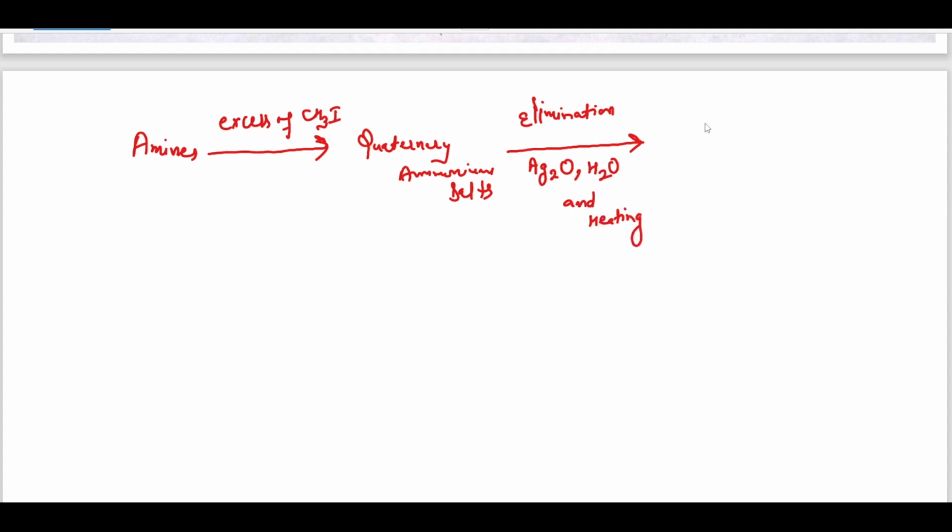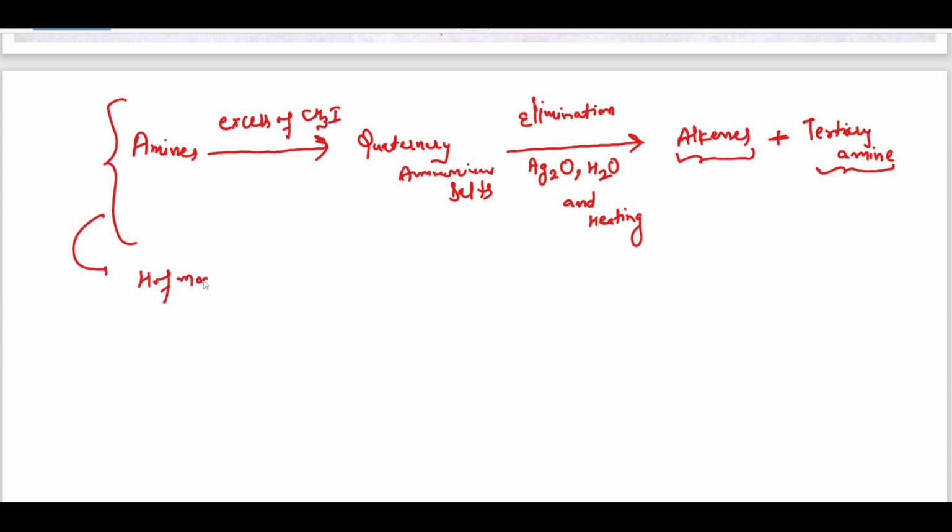Finally, in the product, alkenes will be formed, and sometimes, if possible, a tertiary amine will be formed as one of the products. So your main product will be alkenes. Clear? So this is known as the Hofmann exhaustive methylation method.